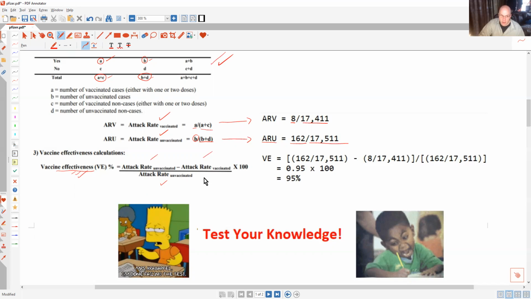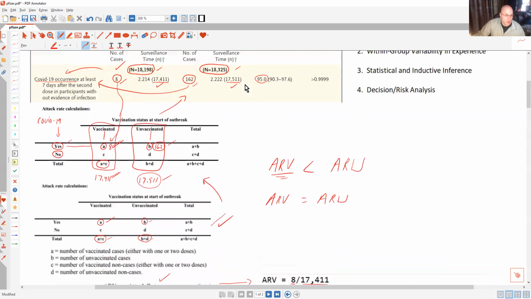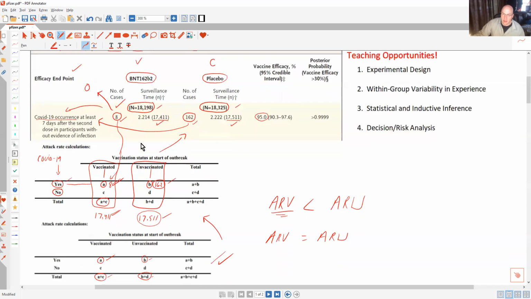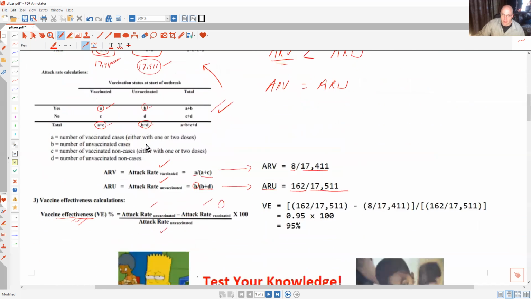Well, the best case scenario would be that we get an attack rate of 0 for the vaccinated group. What would that mean? Going back to our original data, that would mean that this number, instead of equaling 8, would equal 0. That would mean that in the vaccinated group, 0 people develop COVID-19. It would be the absolute best case scenario for that vaccine.